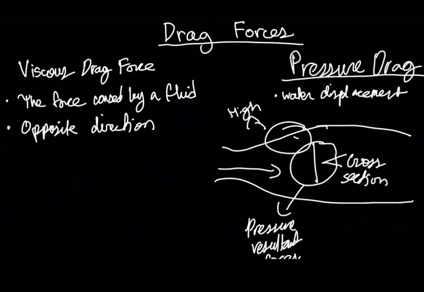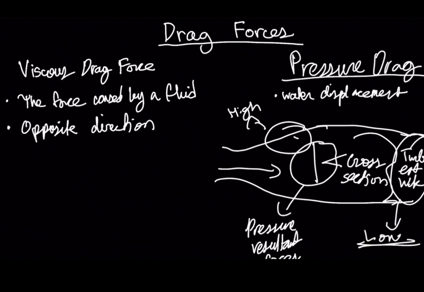And then this whole back part is called a turbulent wake, and it's a full low pressure area. So this flow of water is actually what creates the streamline body that a fish has.